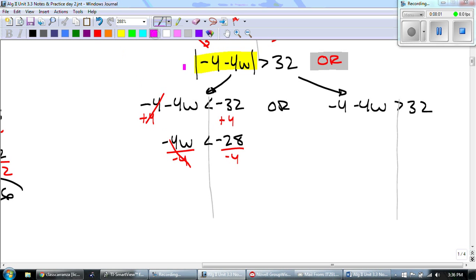When I divide by negative, I have to flip the sign. So we get w is greater than -28 divided by -4 is a +7. Okay, go ahead and pause the video and see if you can do the rest of number 2 on your own. Good luck.